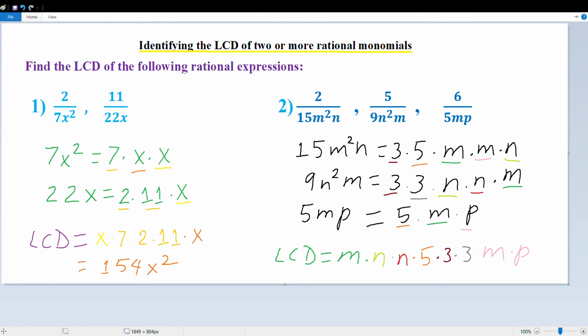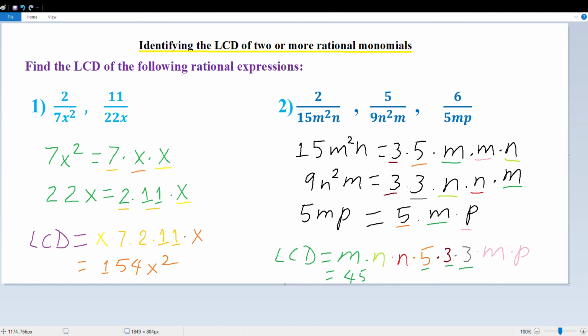Now we'll go ahead and find the product of all these factors. So firstly for the constants, we have 5 times 3 times 3, which is 45. So I'm gonna go ahead and write 45.